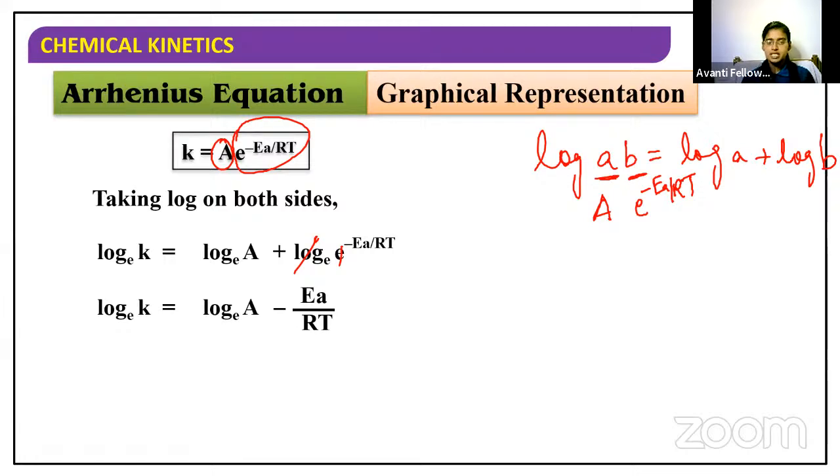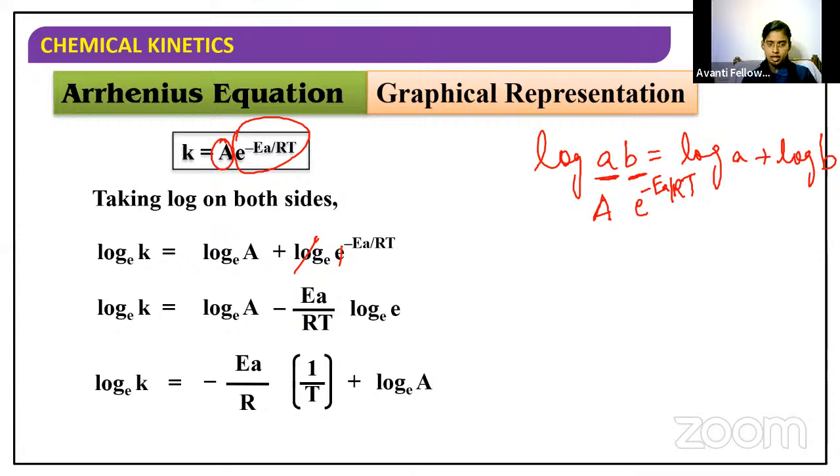So minus EA by RT into log e. Log k is equal to minus EA by R into 1 by T, plus log A. I have just taken this term here and plus log A goes, that's all.